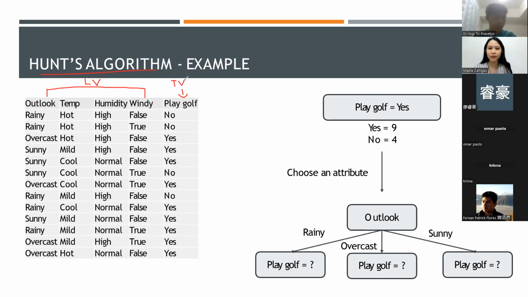In the data that Doc Yogi sent to me, those are the two target variables that we have: intention to visit and intention to donate to Turkey earthquake victims. Okay, so those are the target variables for Hunt's algorithm.